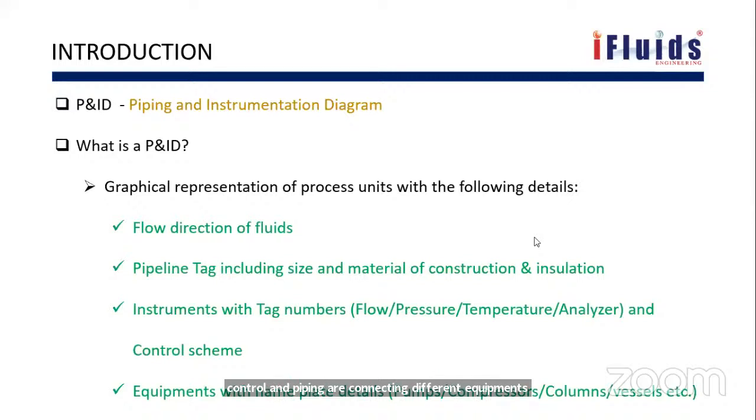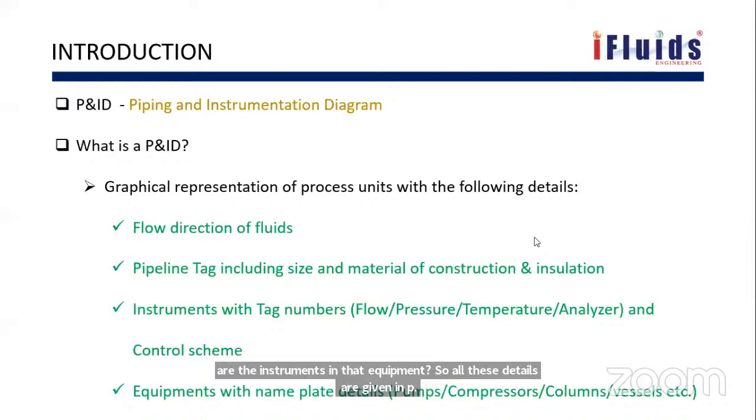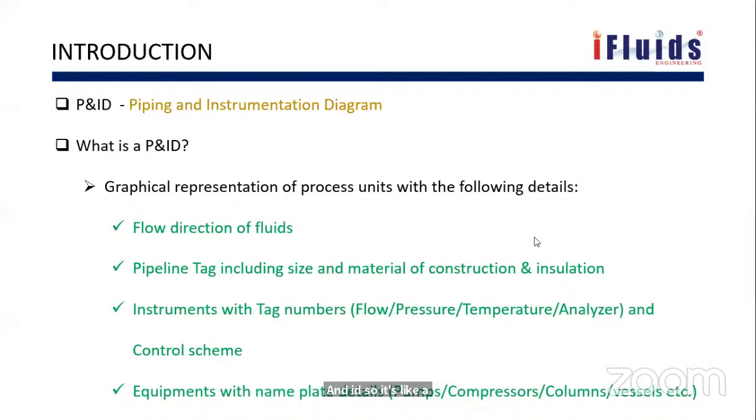So this document gives a detailed view of where and how the pipes are connected, what the instruments in that pipeline are, and what the instruments in that equipment are. All these details are given in the P&ID. So it's like a blueprint. It's one of the most important engineering documents in any process plant.